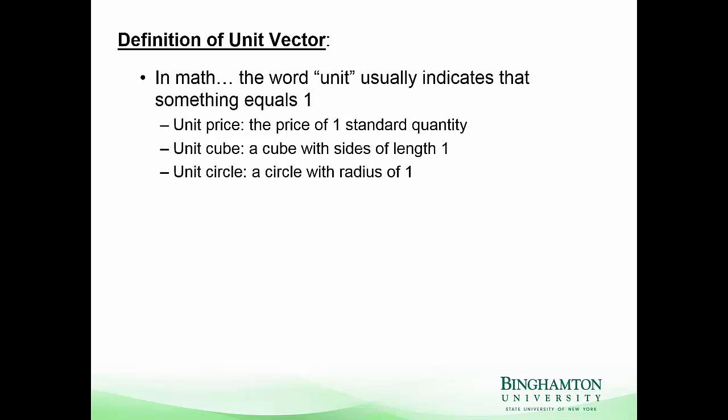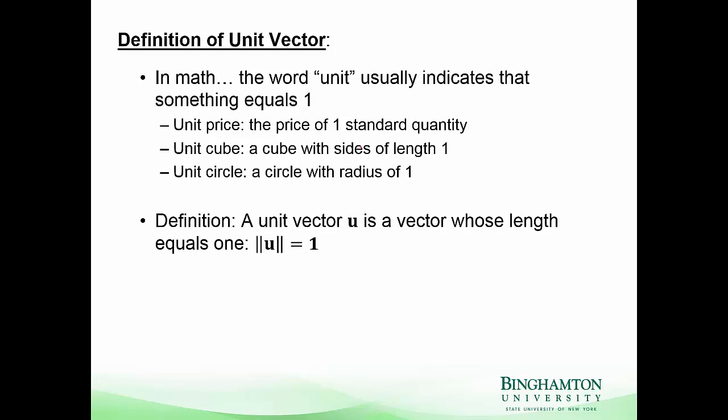In mathematics, we'll talk about the unit cube, which is a cube whose sides are all length 1. We could talk about the unit circle, a circle with radius of 1. And for us, we'll talk about a unit vector. It's a vector whose length equals 1. It can point anywhere, and it can be in any number of dimensions, but its length is 1.